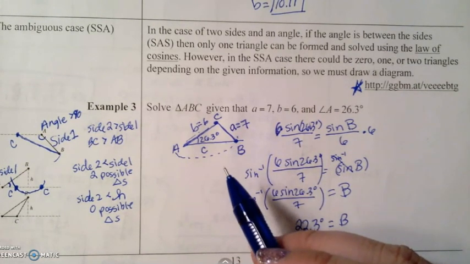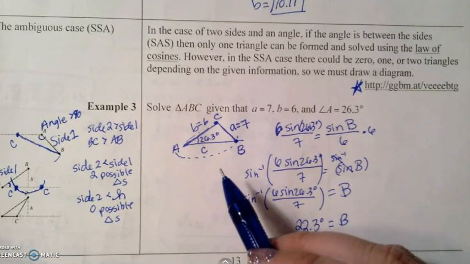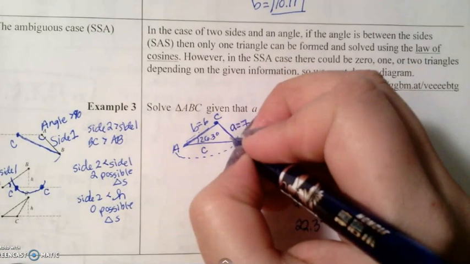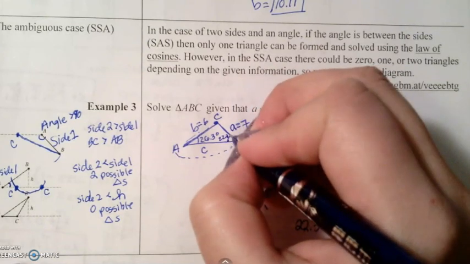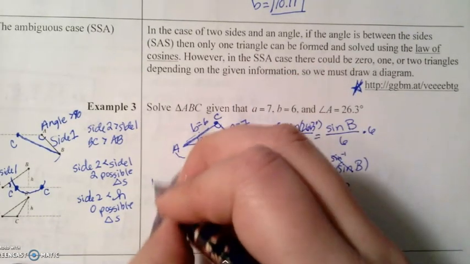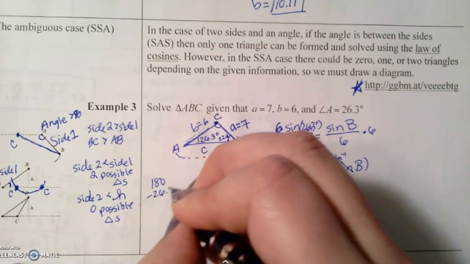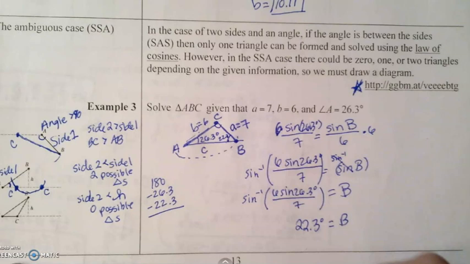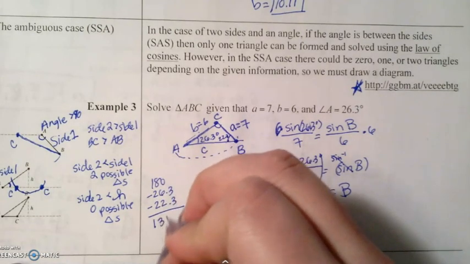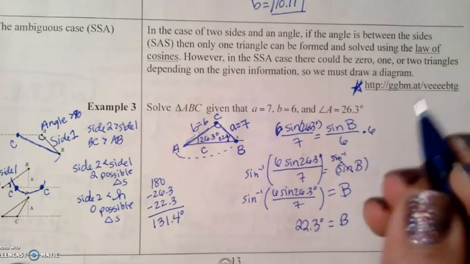Now we need to do the same thing for C, okay? But for C, we don't have the side length or the angle. So now that we have angle B, 22.3, we can calculate angle C by 180 minus 26.3 minus 22.3. So angle C is 131.4 degrees.